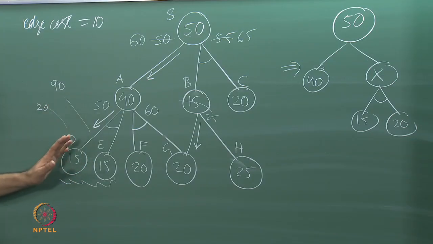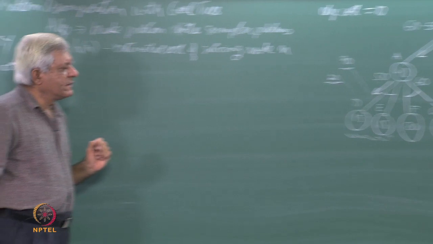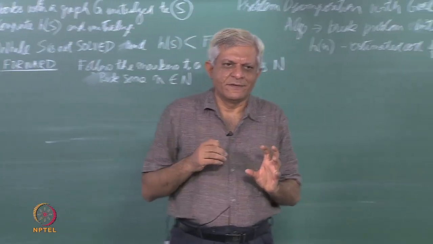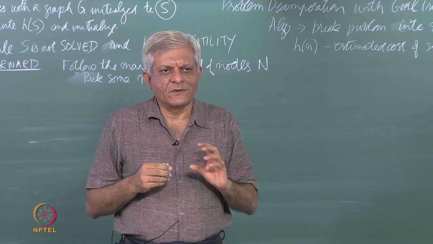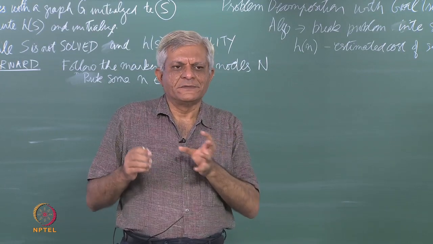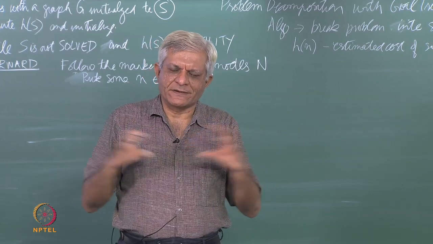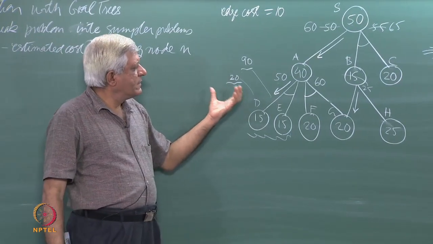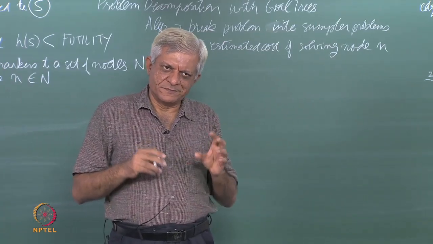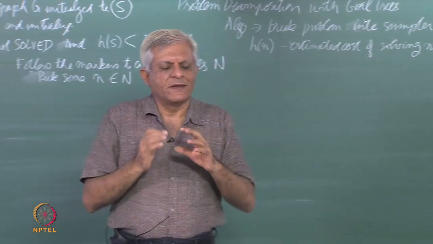So, that is one perspective, but supposing these are the values 20 and 90, is there some other reason for trying to solve one of them first? Now, you can think of this as, if you are solving a formula, you are exploring sub formulas, let us say F1 and F2, and you have to solve both.